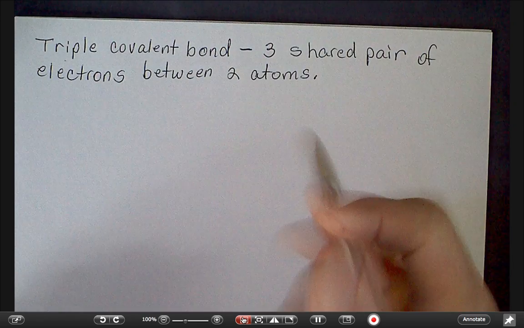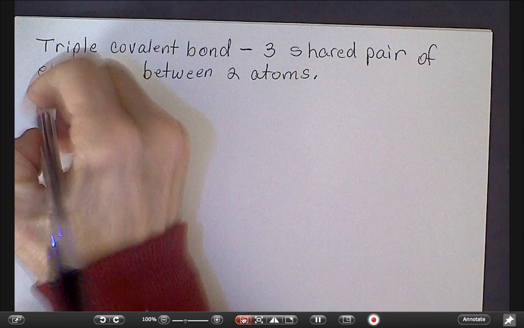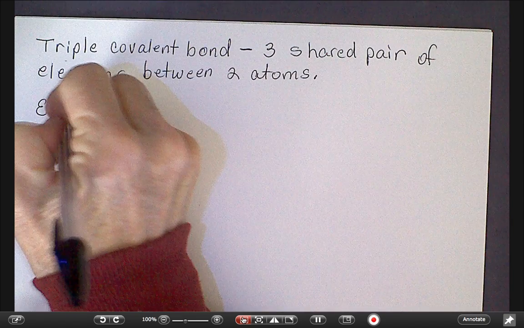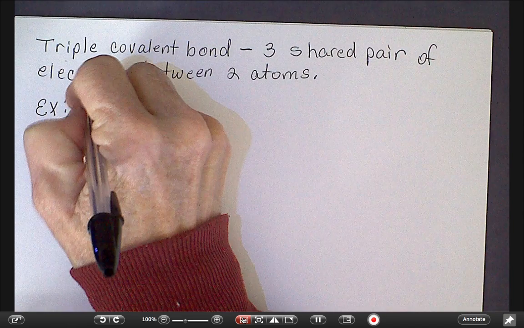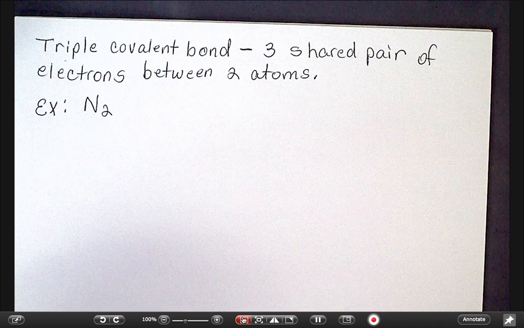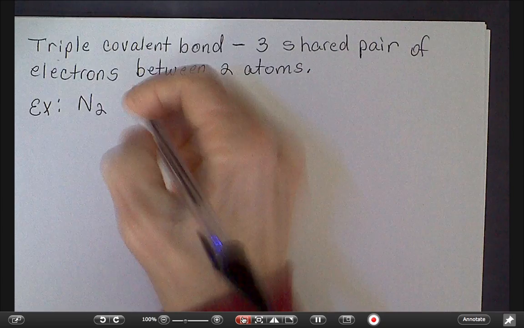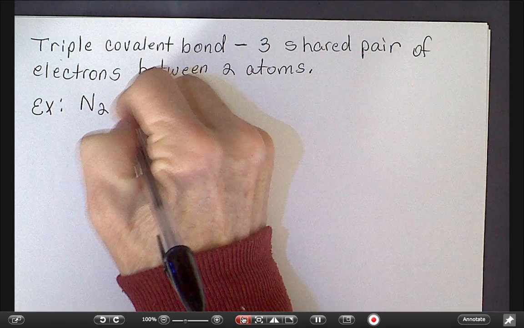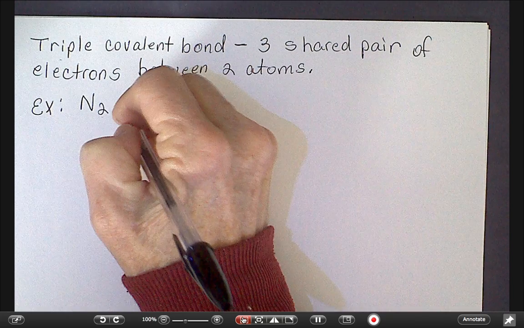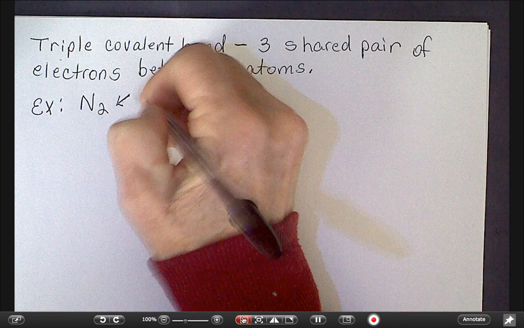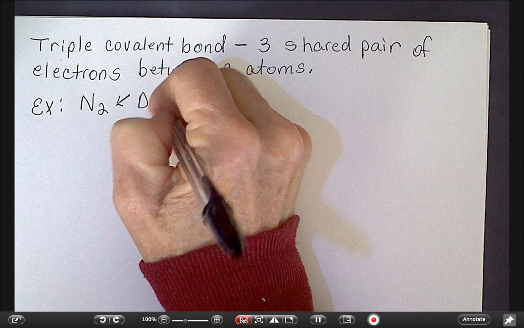Okay. So, our next example is N2. What do you think it is? Diatomic. What does that 2 mean? Di, 2 atoms.